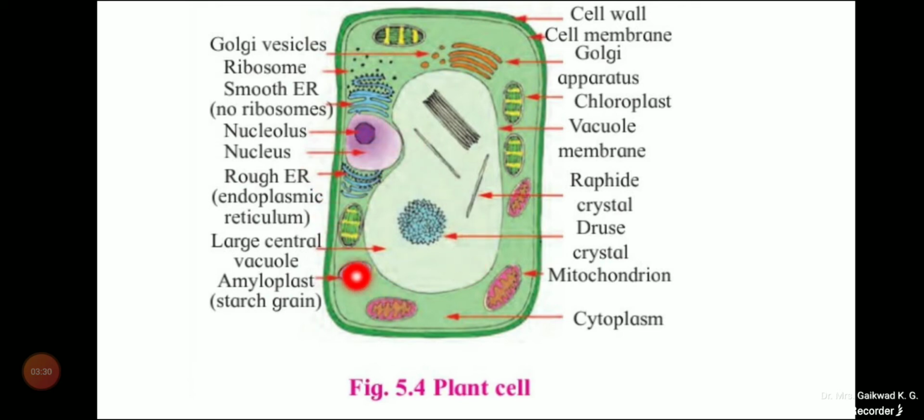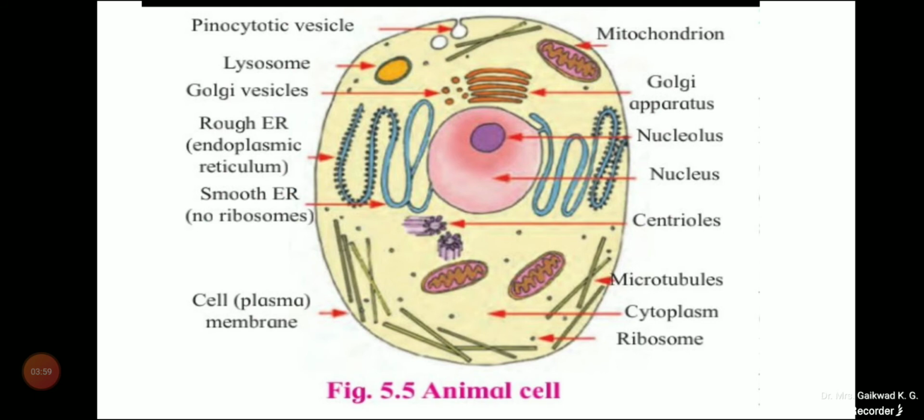Again the nucleus is there, which has its own nuclear membrane, that is, the plasma membrane of the nucleus, called the nuclear membrane. So the nucleus is bounded by the nuclear membrane, but that is not seen in the prokaryotic cell.